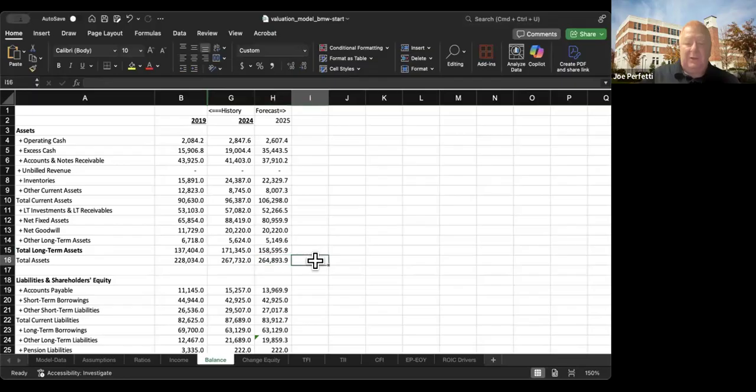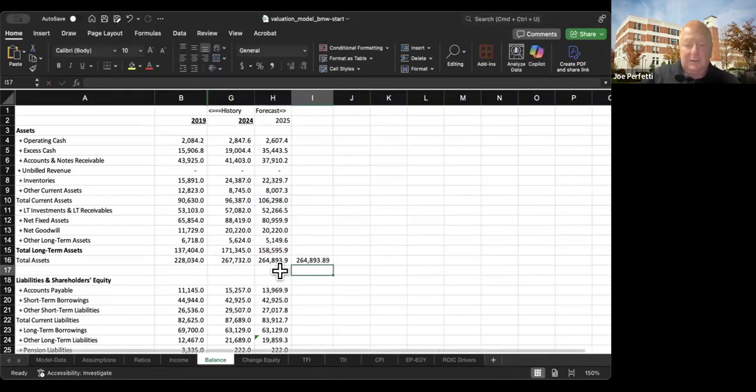Now, I don't want you to do this, but if you were to take current assets plus long-term assets, our balance sheet balances. So the plug worked. So we now have a balance sheet for BMW for 2025.